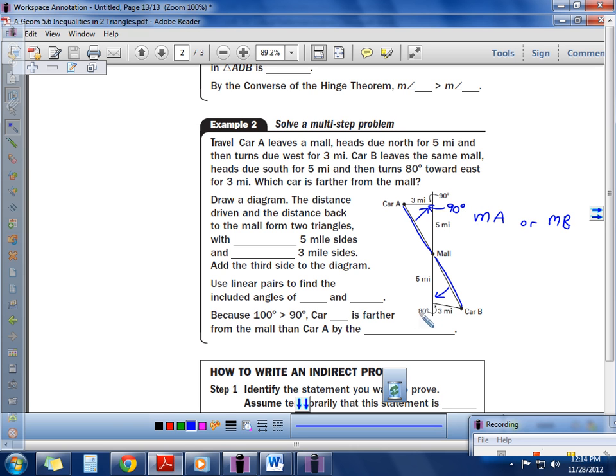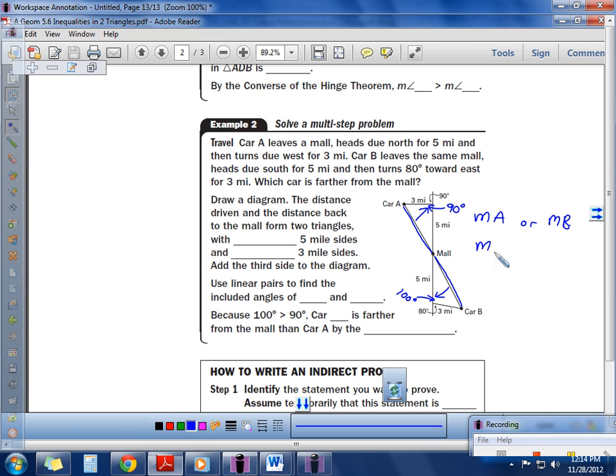Same kind of process can be done over here. If the outside one is 80, how do I find the one beside it? Subtract from 180. 180 minus 80 is 100. That's a 100-degree angle. So I'm comparing these two angles. Which one's bigger? 100 is bigger. So that means this distance will be longer than this distance.